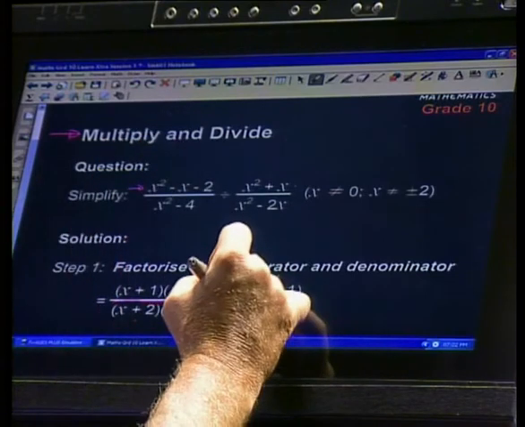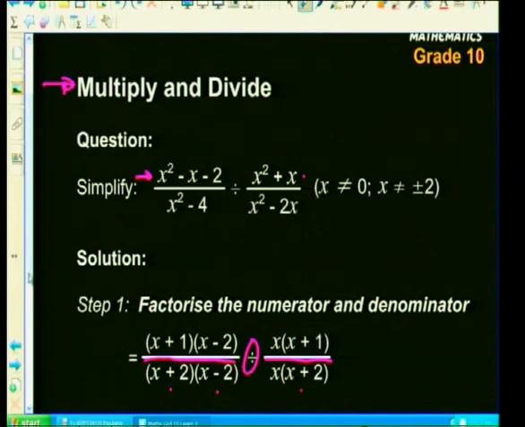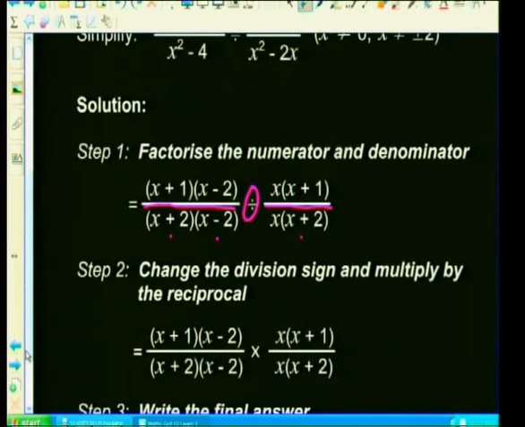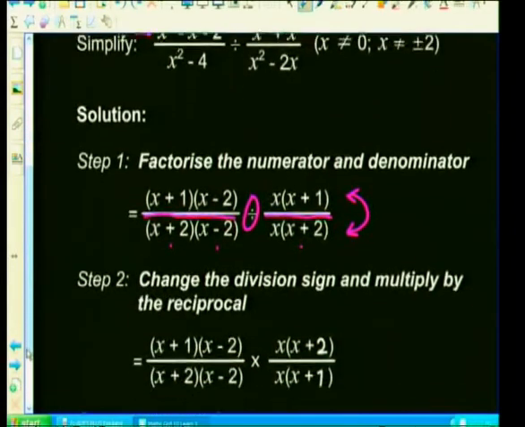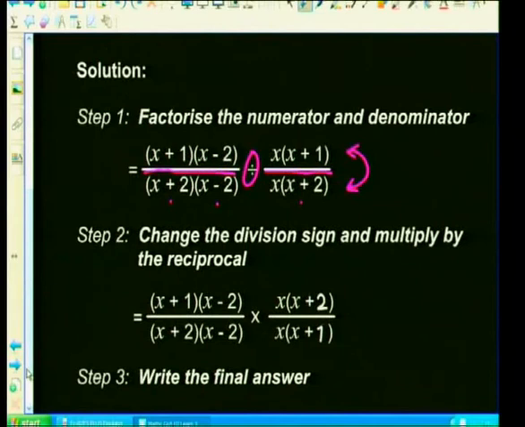Now, because this is a division, what's going to happen? We're going to find the reciprocal. Reciprocal means top becomes bottom and bottom becomes top. Right, so here we're going to do the reciprocal, and here we go. Now, is this our final answer? Absolutely not. That factor and that factor can fly away.